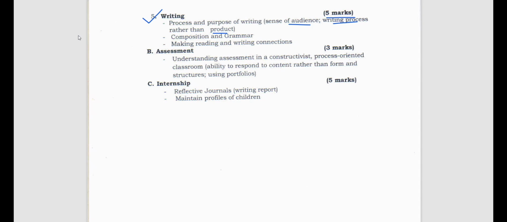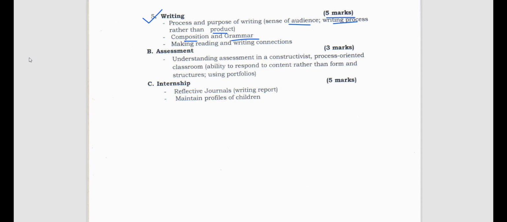Then writing process, what is the process you are using in the form of writing, or what do you want to convey through your writing? That has to be very clear rather than the product. All right. Then composition and grammar, you know what is composition and what is grammar, right? So composition you have to know very well, then you have to know grammar, you have to know the parts of speech, everything you need to read in detail.